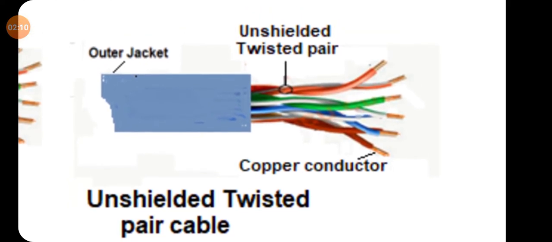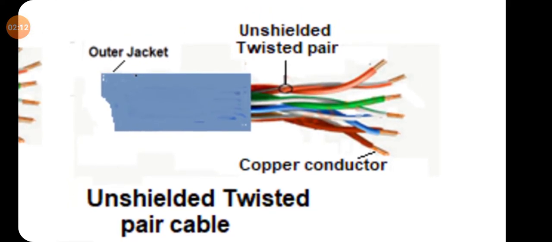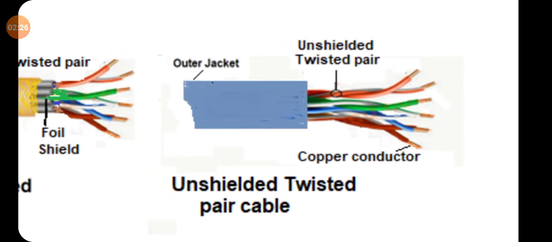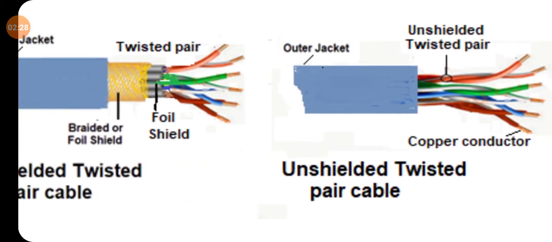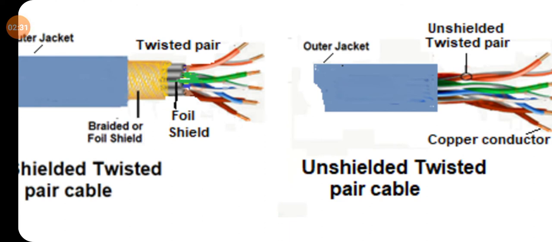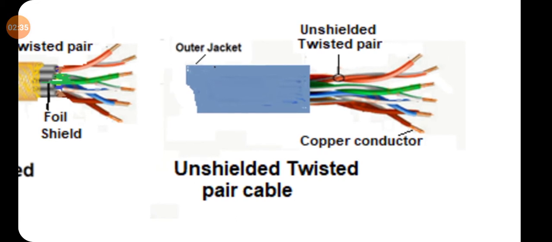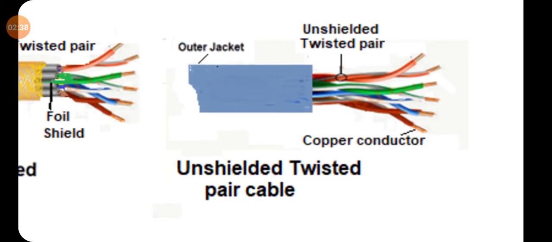In unshielded twisted pair, again the same pair of cables are used for data transmission, and those wires consist of copper conductor. Clear? These are unshielded twisted pair because, unlike the shielded twisted pair, there is no braided or foil shield. So covering is not there for the copper twisted pair wires.